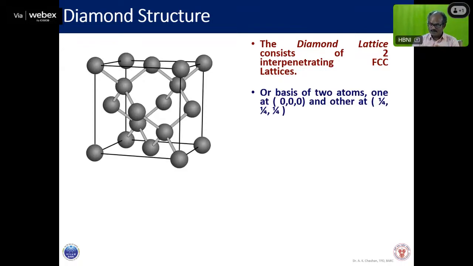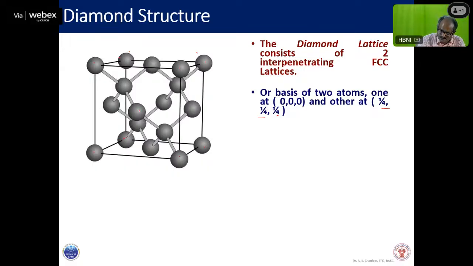How will you insert it? So that the origin of the first FCC structure and the origin of the second FCC structure are apart by 1 by 4, 1 by 4, 1 by 4, meaning diagonally. So you have one structure with 1, 2, 3, 4, 5, 6, 7, 8 corner atoms.